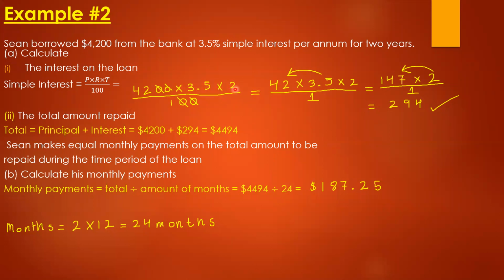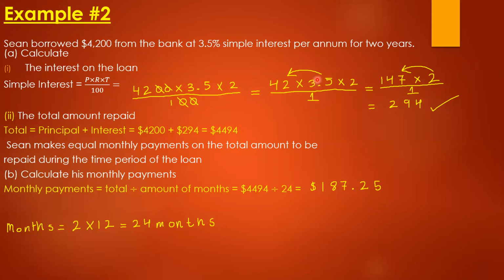So that would be 4,200, all of that divided by 100. So it would be 4,200 times 3.5 times 2 divided by 100. You can cancel out 2 of the zeros, the 2 zeros on the 100 and on the 4,200, and you get 42 multiplied by 3.5 times 2 divided by 1.